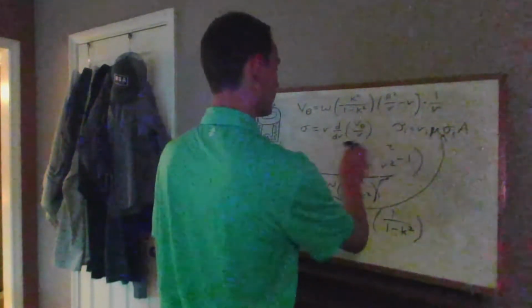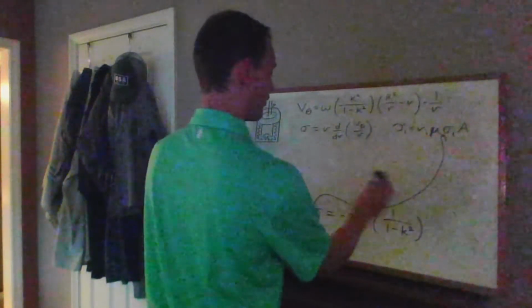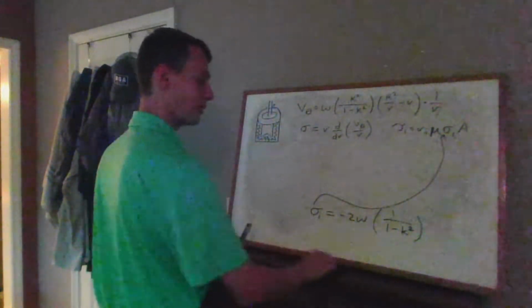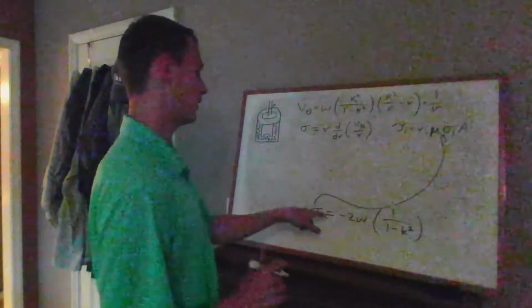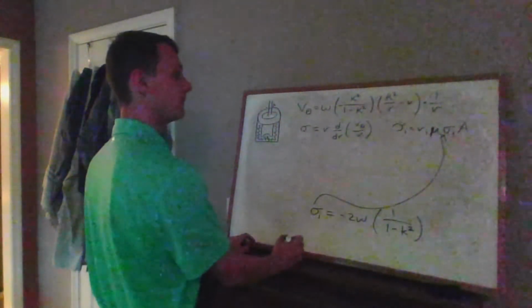So we need to rewrite this expression. Because I've definitely already committed the crime of taking up a lot of space on this whiteboard, hopefully you're able to follow along. Now that we substitute that in, we can rewrite this equation.